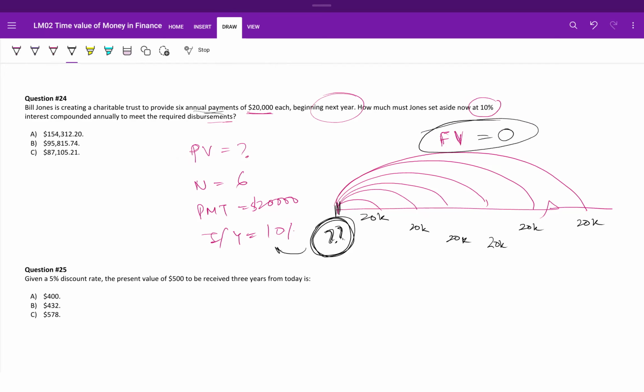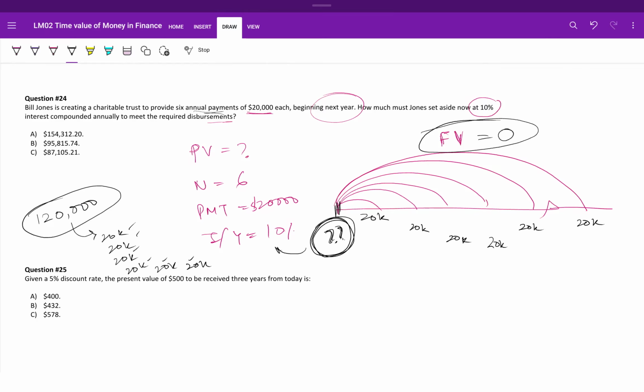Let's assume that I am setting aside 120,000 right now. No interest is given to me. I am taking out 20K every year. So this is going to support me for 6 years.